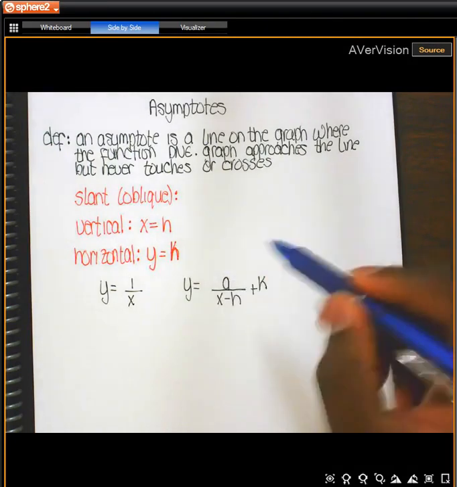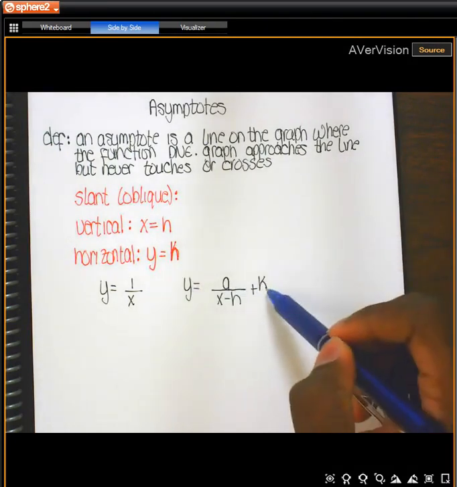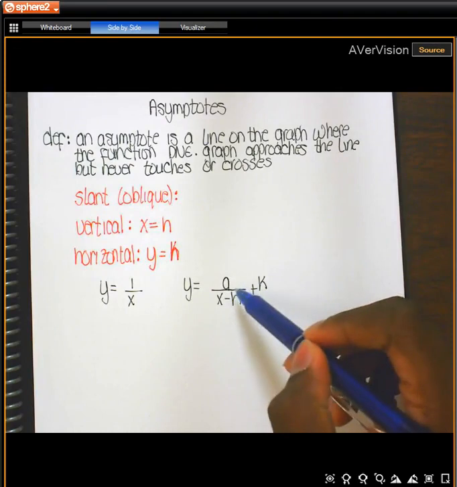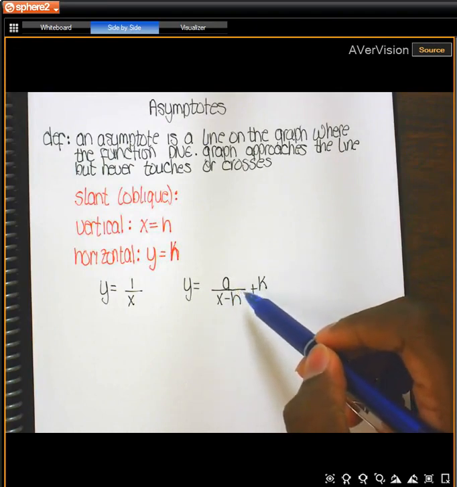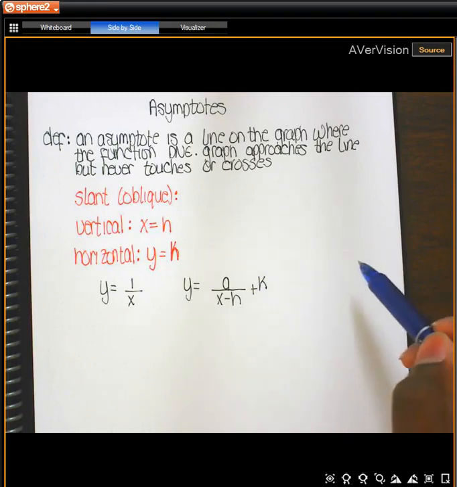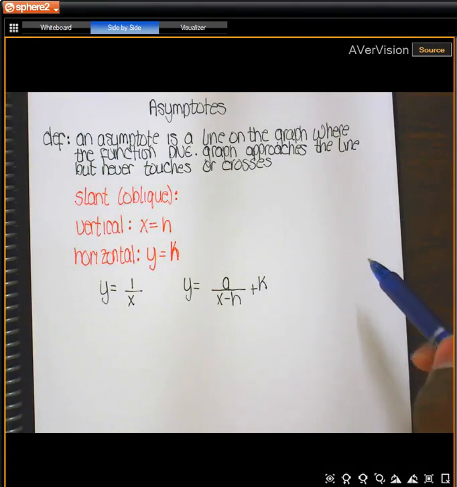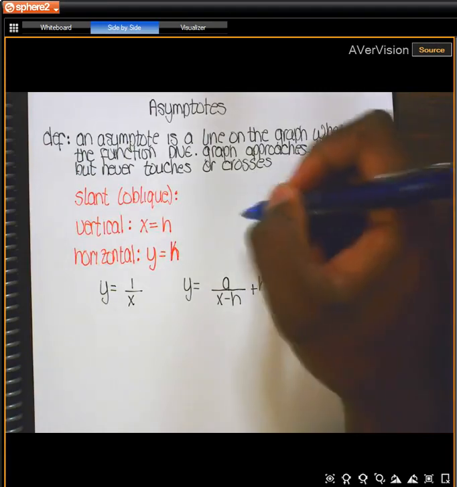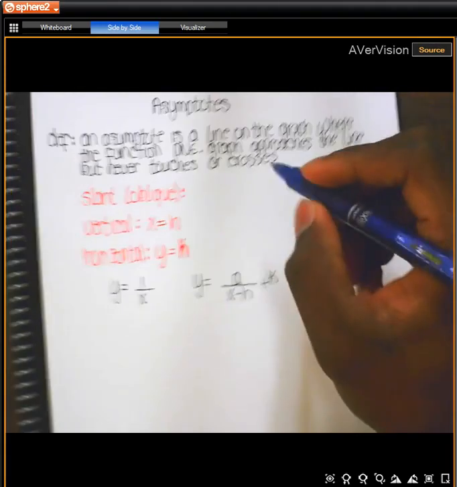There is no way for us to have y equal to k, because this cannot be 0. All right, so examples.